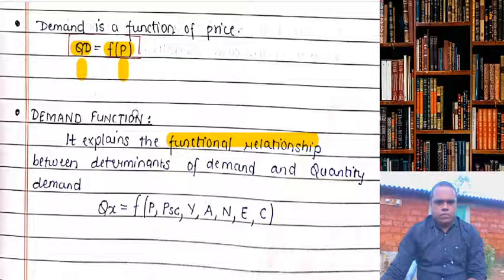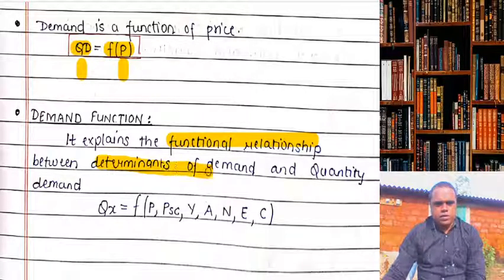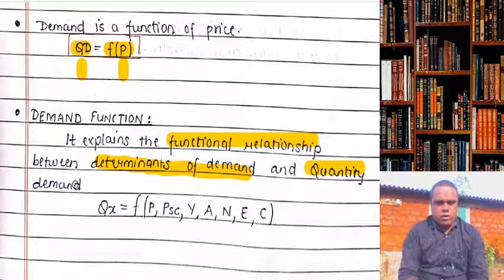Now here, the demand function explains the functional relationship between, चलो इक्वेशन में कौन सी दो चीज़ों को हाईलाइट किया मैंने. On one side, children, we have got the determinants of demand, and on the other side we have got the quantity demanded. So demand function explains the functional relationship between determinants of demand and quantity demanded.